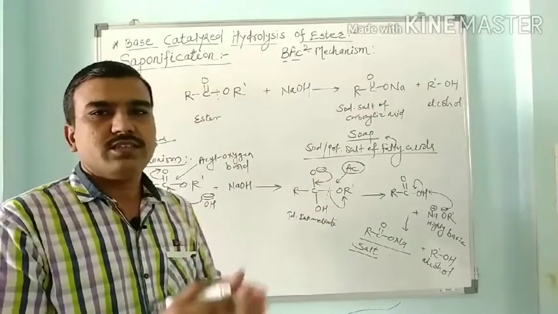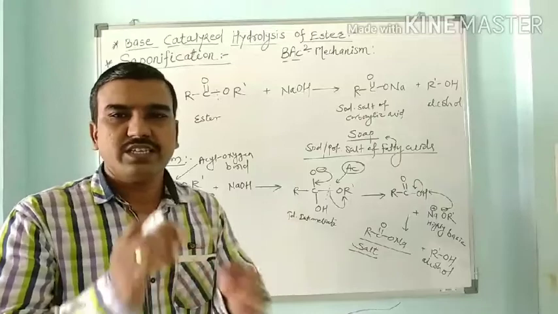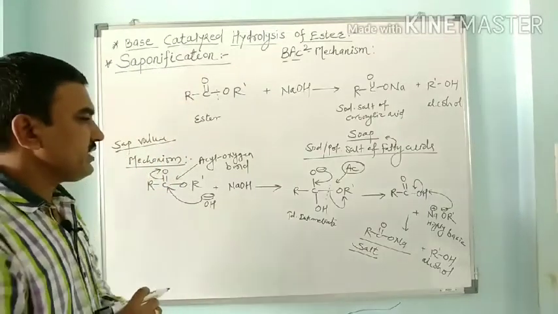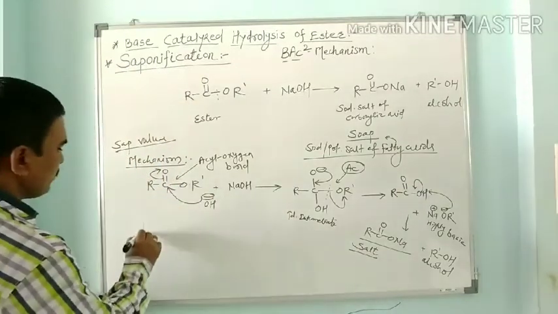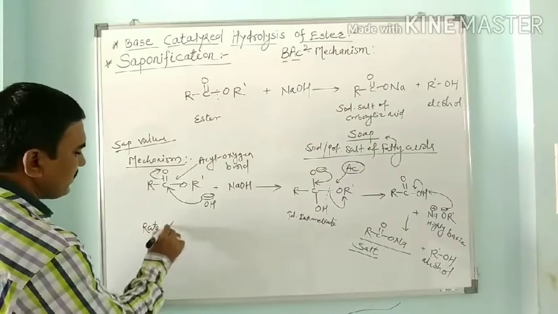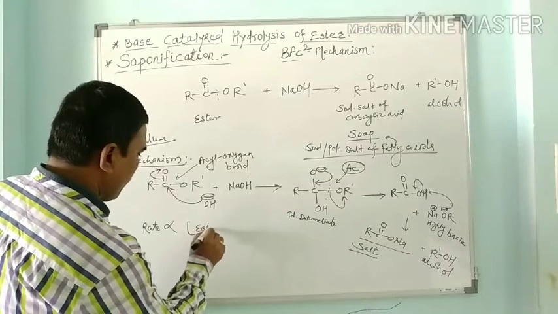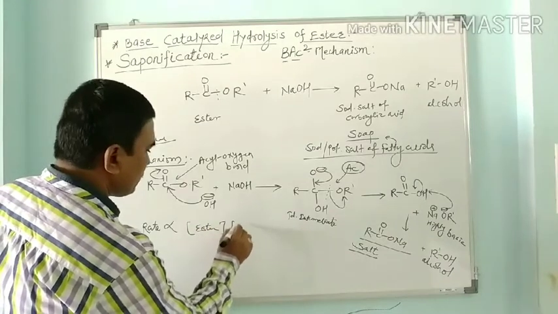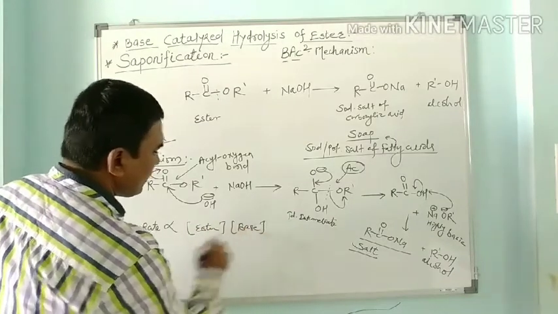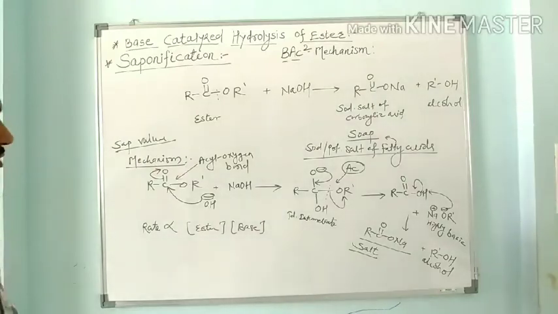So it is called the BAC2 mechanism, because the rate of reaction is directly proportional to the concentration of ester and the concentration of base. So it is a bimolecular reaction.